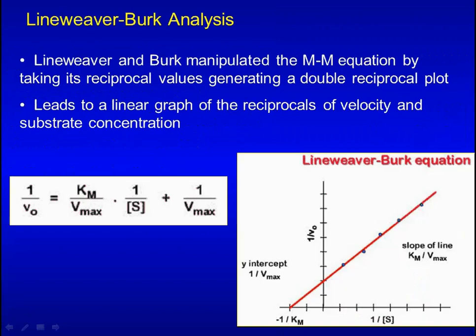Lineweaver and Burk manipulated the Michaelis-Menten equation by taking its reciprocal values, generating a double reciprocal plot. Here, the x-axis represents the reciprocal of substrate concentration, and the y-axis represents the reciprocal of V0.